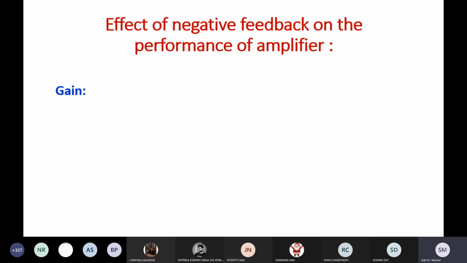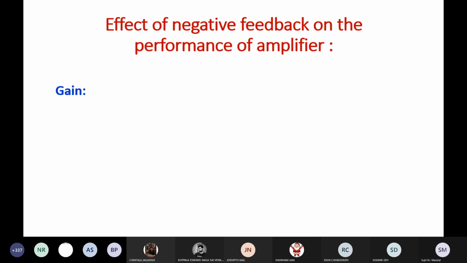In the website, you go to the electronics department and download the UG syllabus. There, search the first year basic electronics ECC01 and you can find the detailed syllabus. And also you will find all the reference textbooks and the topic-wise syllabus. That's why I have not shared the syllabus here, as it is available on the website.